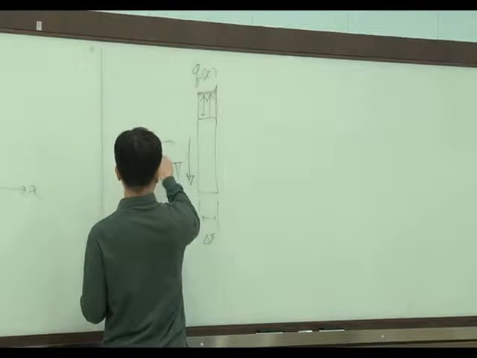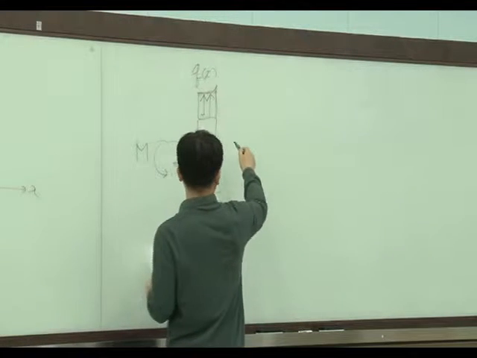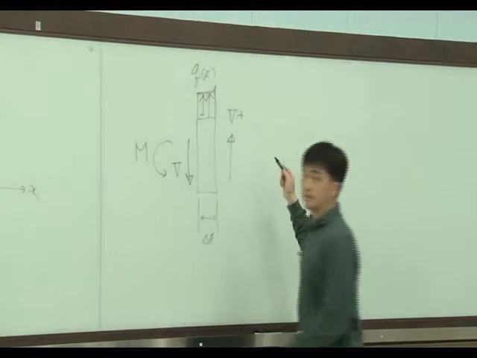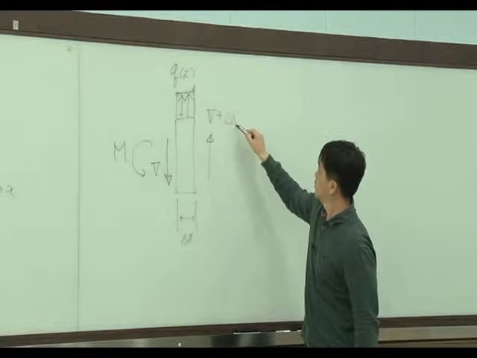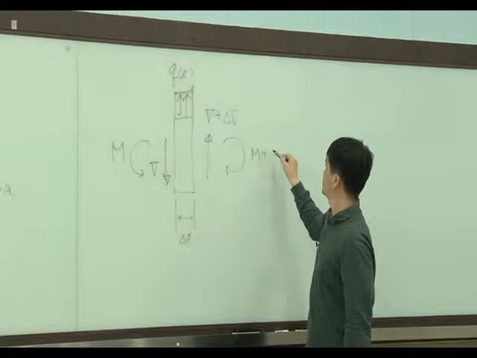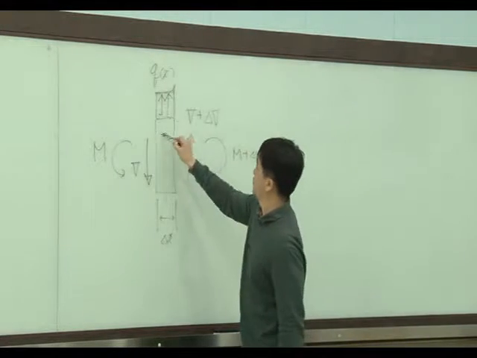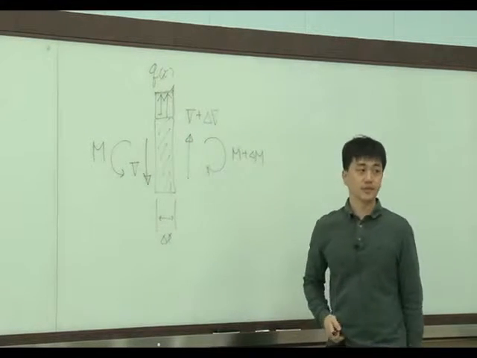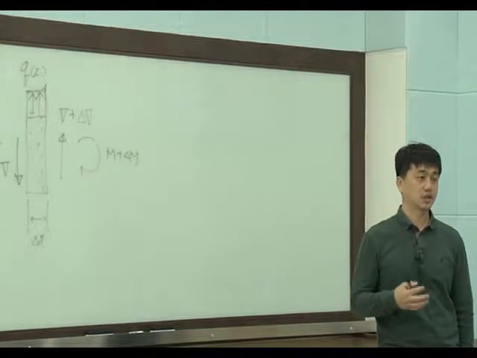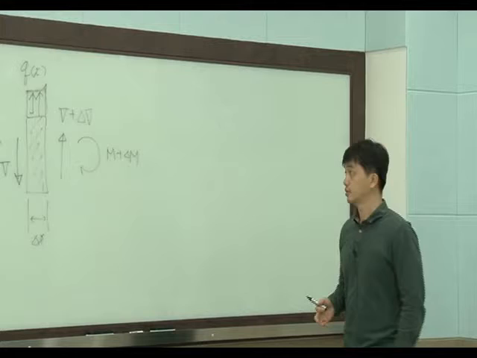Let's say shear force V and moment M on the left side of this beam, and on the right-hand side the shear force will change a little bit, V plus delta V. Okay, and the moment will change, M plus delta M. You know the M and V are resultant forces, which are calculated from the integration of stress on the cross-section.